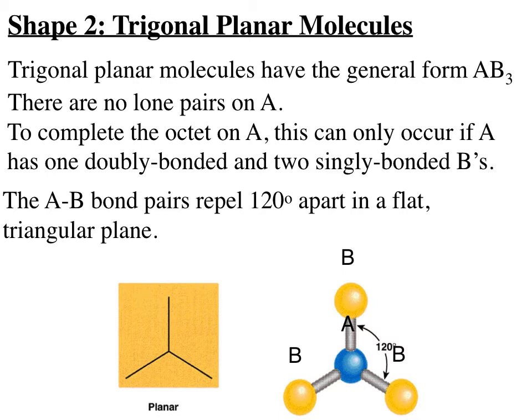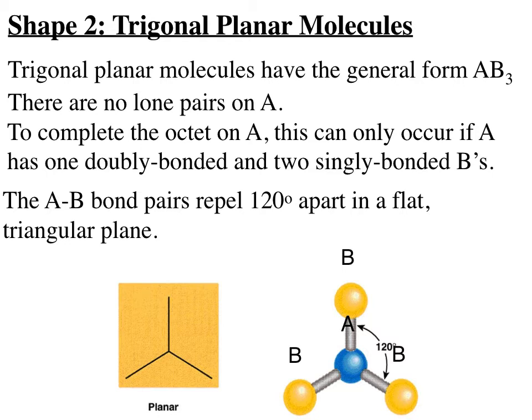Doesn't work. What if I have 2 double bonds between A and B and 1 single bond? Remember, there are 4 electrons in a double bond, so that'd be 4, 4, 2. That'd be a total of 10 electrons. That doesn't work. Of course, 3 double bonds wouldn't work. That would be 12 electrons.